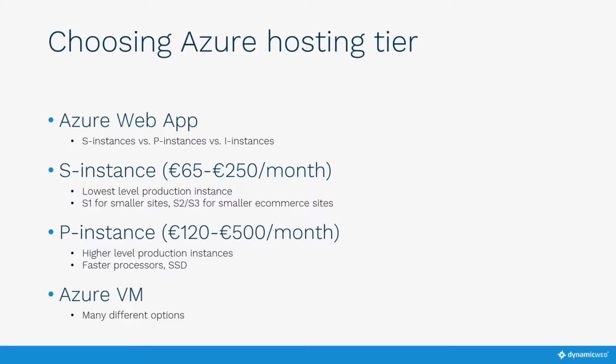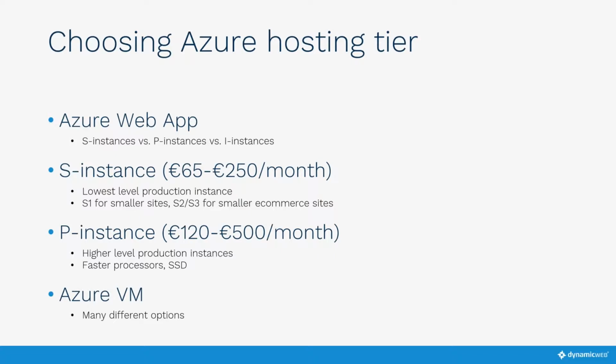So S instances come in different sizes, called S1 for the smaller one, and then you have S2 and S3, which are bigger ones, and the pricing is around 65 euros just for the website. We need a SQL database, coming back to that later on. And the 65 euro version, or the S1, is not suitable for an e-commerce solution or anything like that, because we don't have enough computing and memory power on that one.